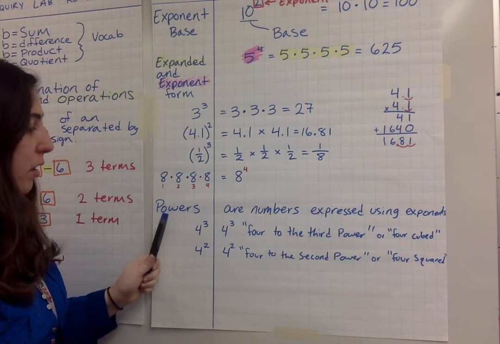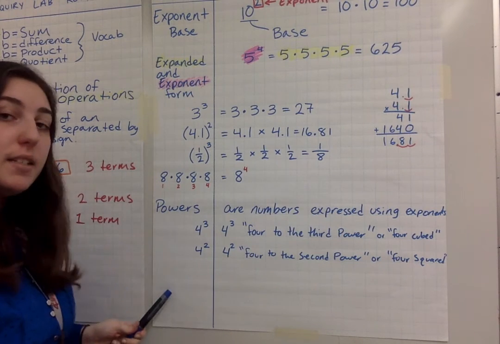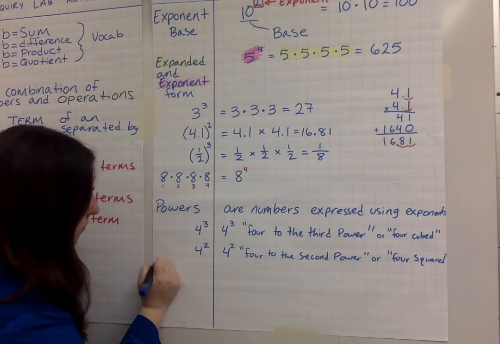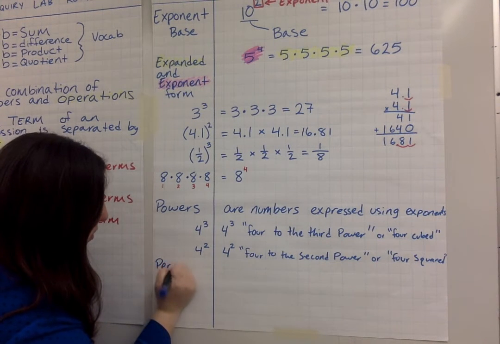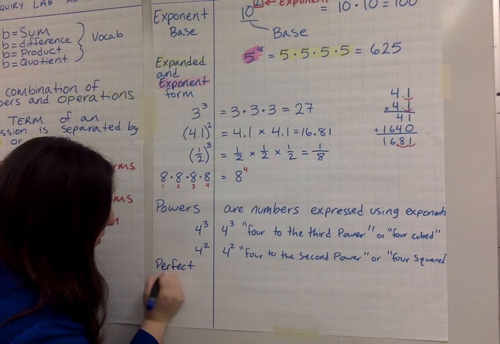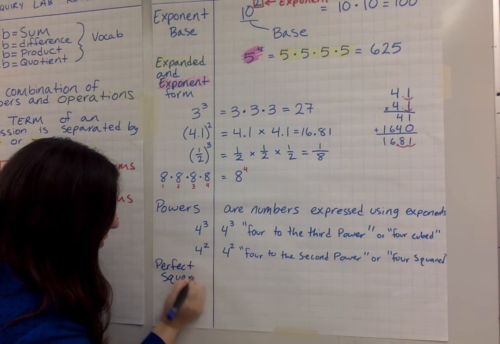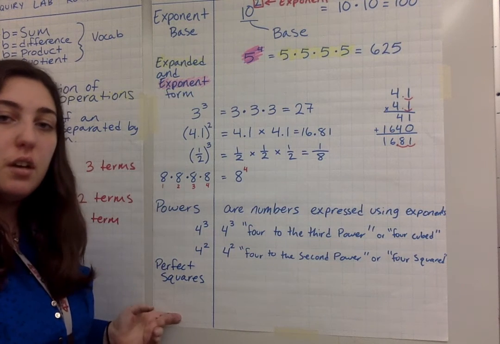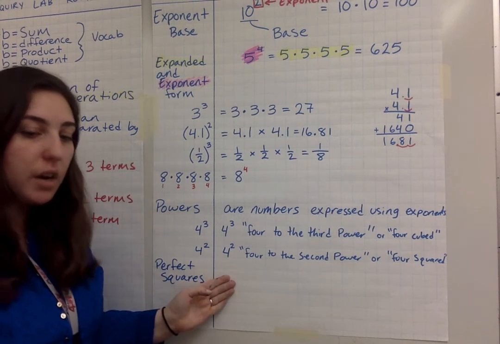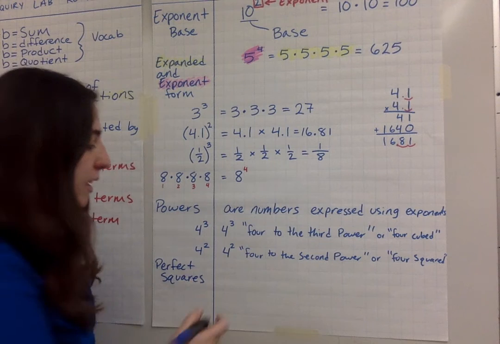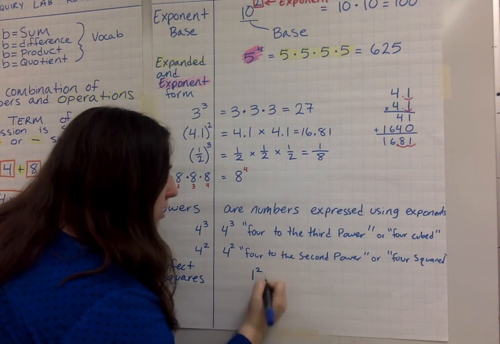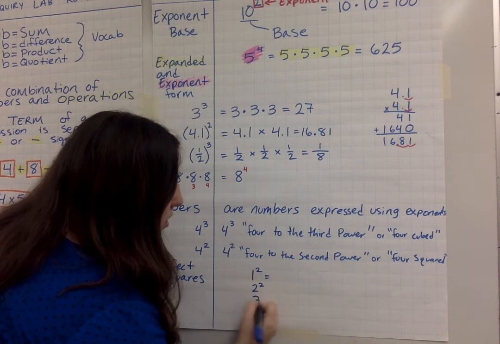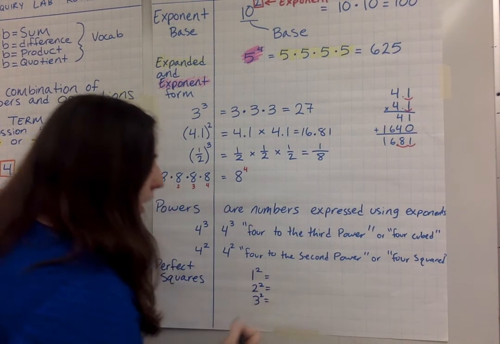So now that we know what exponents and powers are, last thing to talk about are perfect squares. Okay, so perfect squares are going to be these over here. I'm going to start listing them. 1 squared, 2 squared, 3 squared. Okay, let's start with these.